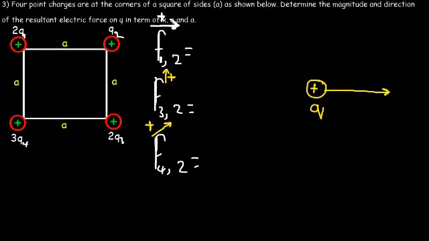Similarly, Q3 tends to move this way along the vertical part of the y-axis. Then lastly, Q4 tends to move this way, and therefore it will move along this direction.